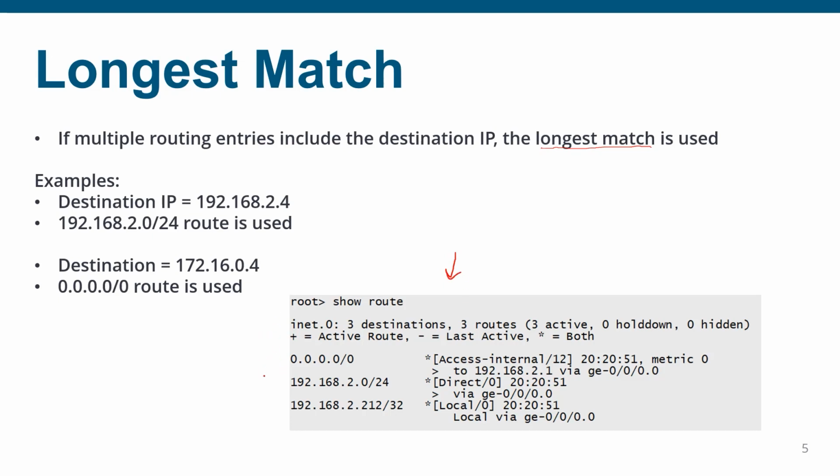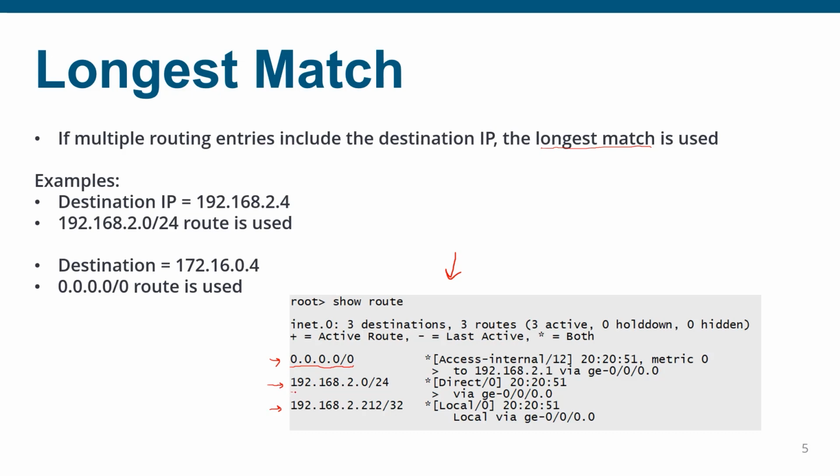We have 3 routes: 0.0.0.0/0, 192.168.2.0/24, and 192.168.2.212/32. The 0.0.0.0 route is the default route. This matches everything, all destinations.